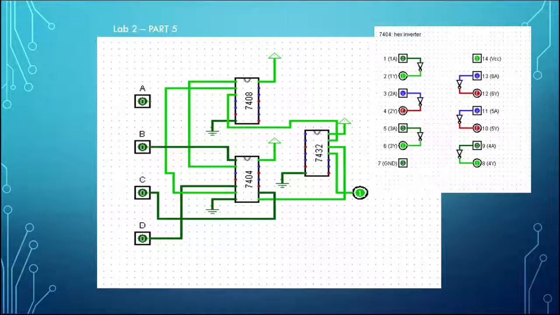And then the 7404 represents the NOT gate, and we have a diagram over here to the side that just kind of shows the NOT gate. And then the 7432 represents the OR. So everything's here. So we have the NOT B, the NOT C, and the NOT D, and we have the output.